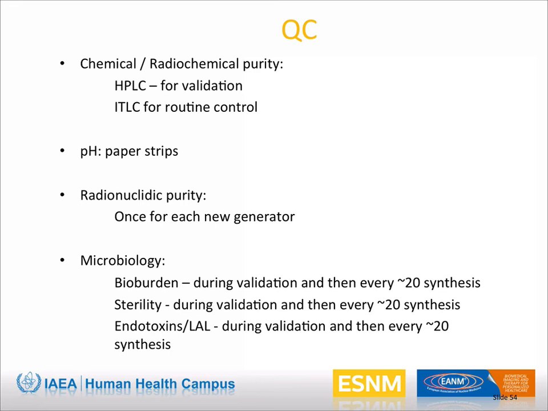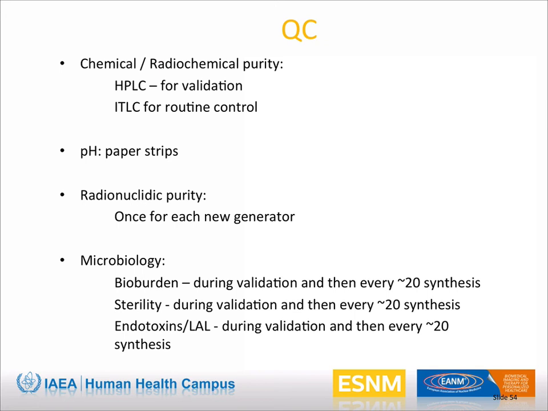Quality control, or just QC. For the chemical and radiochemical purity, high-pressure liquid chromatography, HPLC, is normally used for validation, and then instant thin-layer chromatography, ITLC, is used for routine control. pH can be measured by paper strips, and the radionuclidic purity should be tested at least once for each new generator.